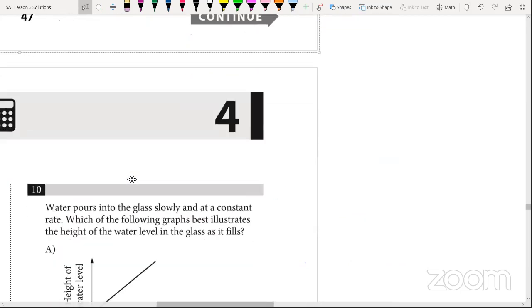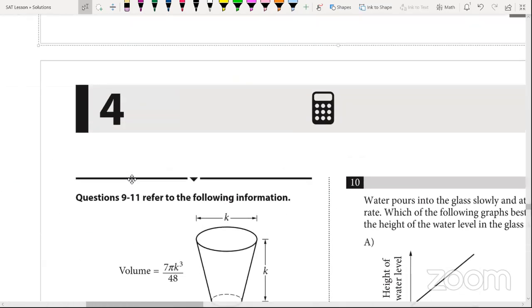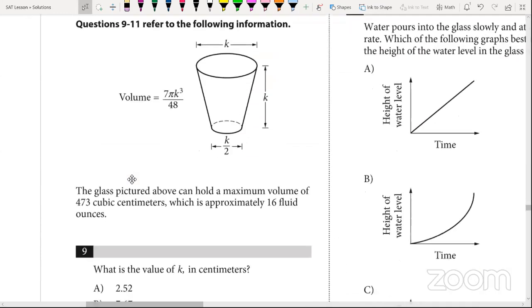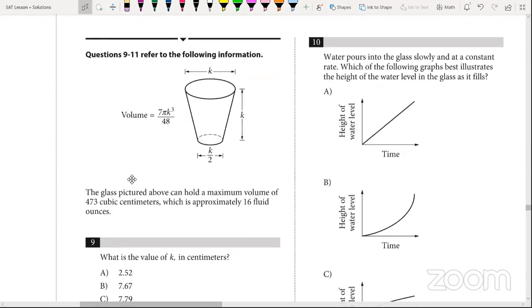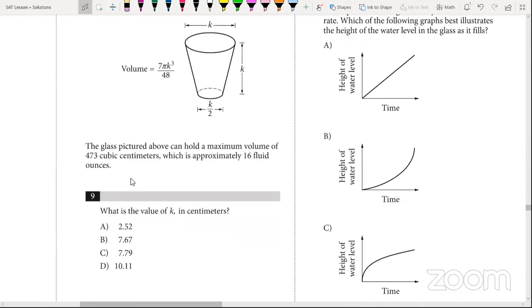So let's look at number 9 now. What is the value of K in number 9? So what are they telling us here? They're telling us that the volume of the cup is 7 pi k cubed over 48.